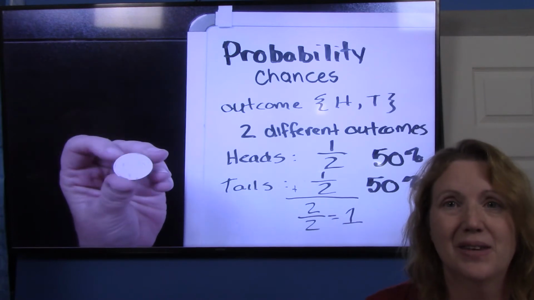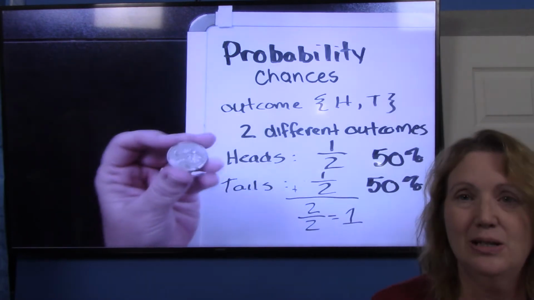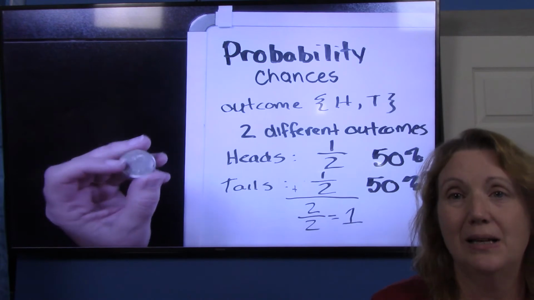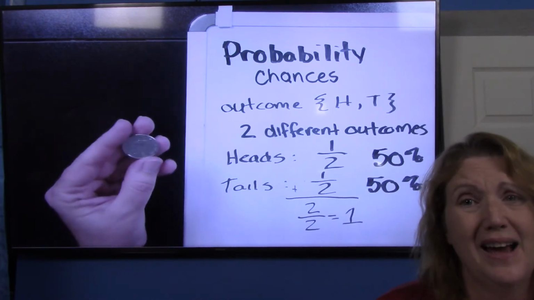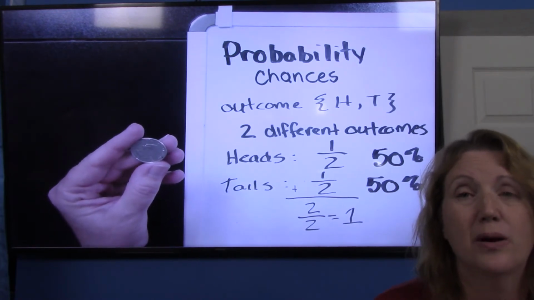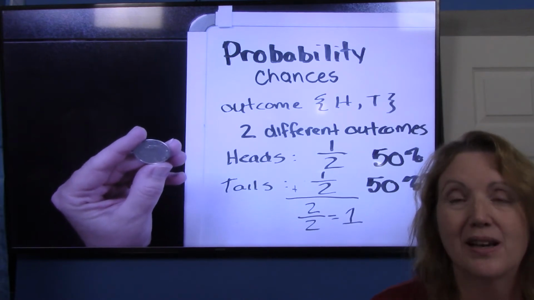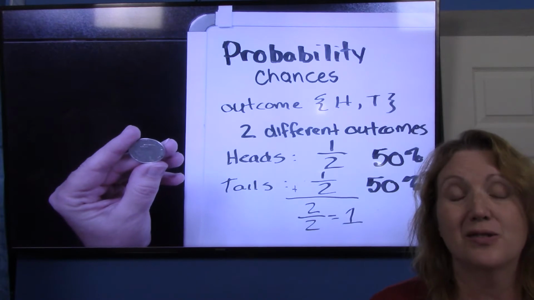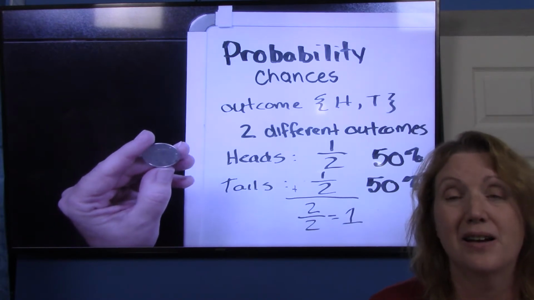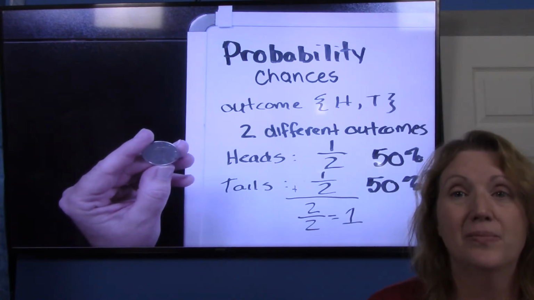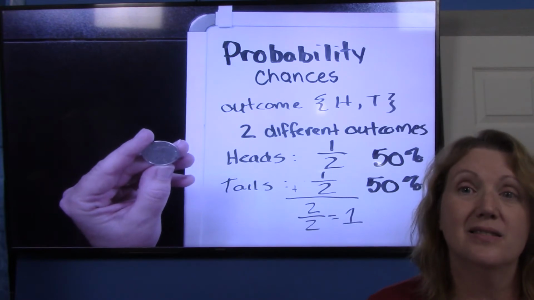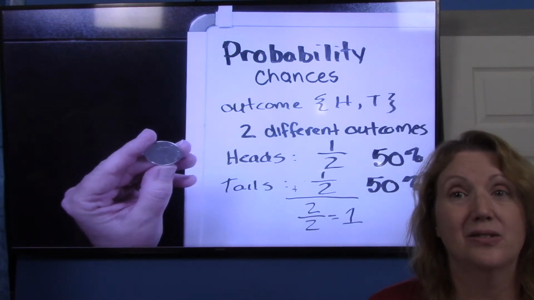So randomness is that if I do it one time, you can't really guess for sure whether it's going to be heads or tails. But if you did it a million times and wrote down whether you got heads or tails for those millions of times, you would end up getting half the time heads and half the time tails.